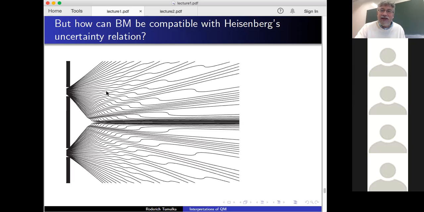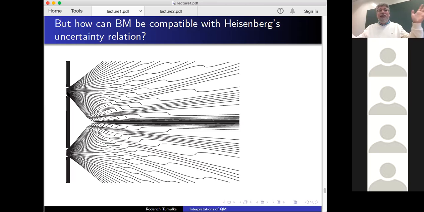And you can actually see that in this picture here of the double slit experiment. You see here, the wave function passes through a slit, and the slit is narrow. So the slit forces the wave function to be narrow. So half of the trajectories pass through the slit. So you know the position at the instant when the passage through the slit occurs, you know the position very precisely because the slit is narrow.